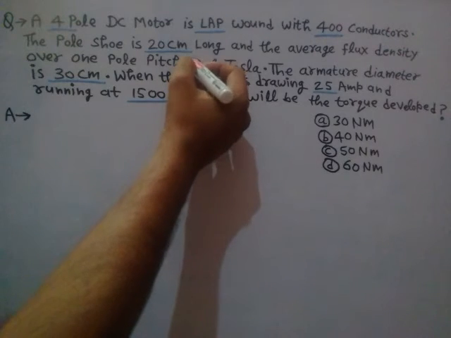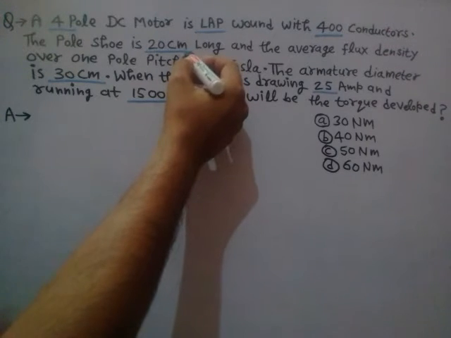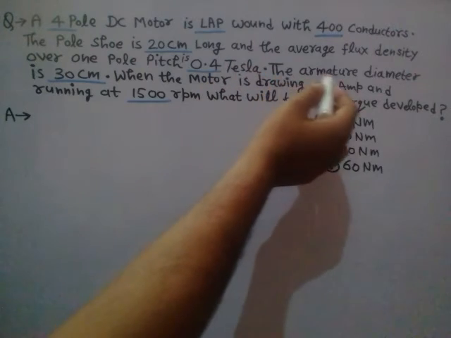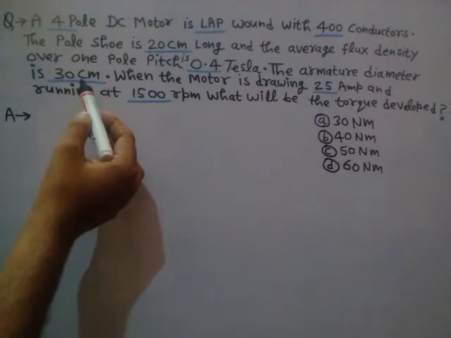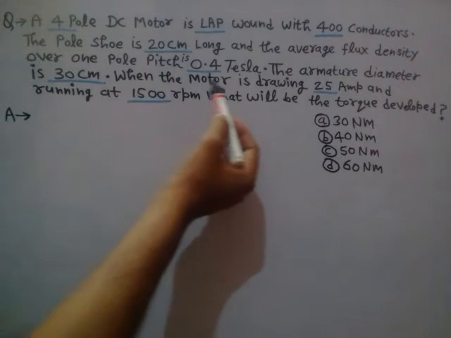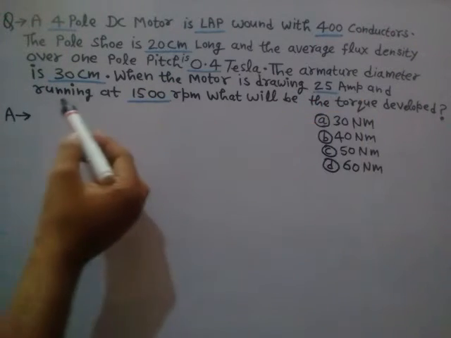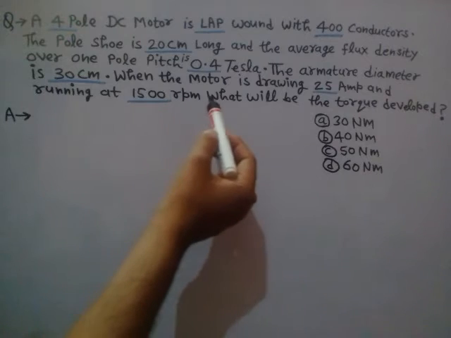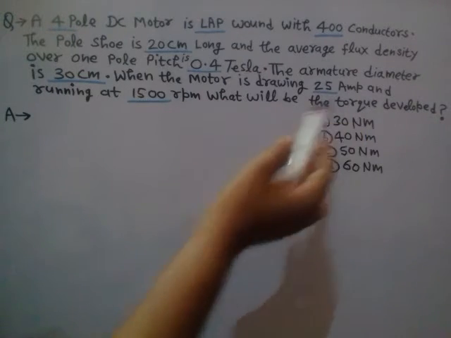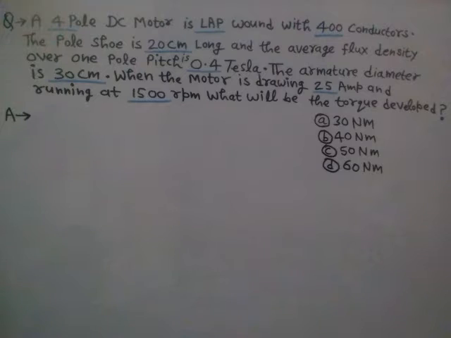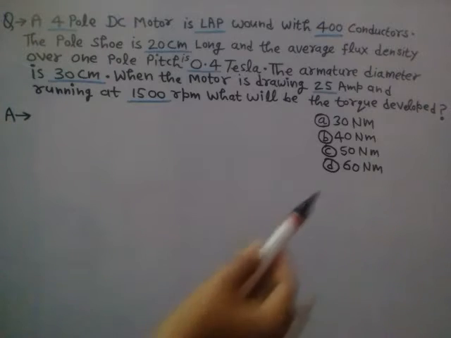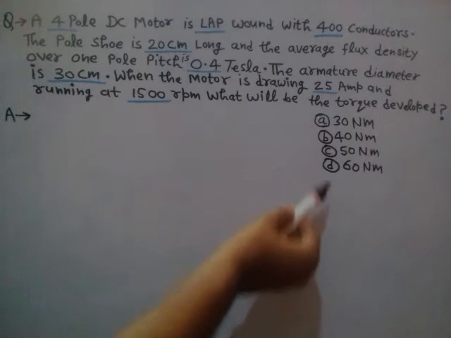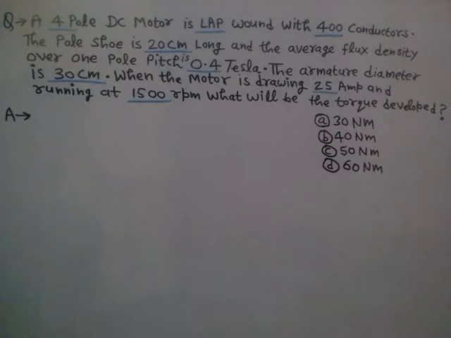The armature diameter is 30 centimeter. When the motor is drawing 25 ampere and running at 1500 rpm, what will be the torque developed by the motor? Out of the four given options A, B, C, D, only one option is correct, which we have to find out after solving the numerical.